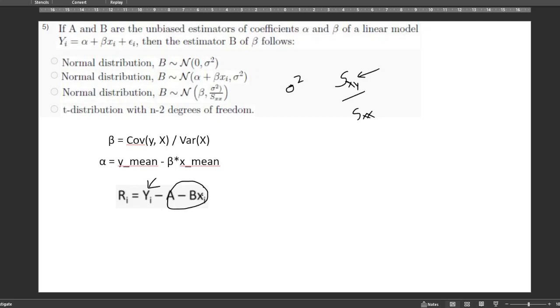So a and b should also follow a normal distribution to satisfy this equation. As we have seen, its mean value is close to beta. So beta is the answer for this.